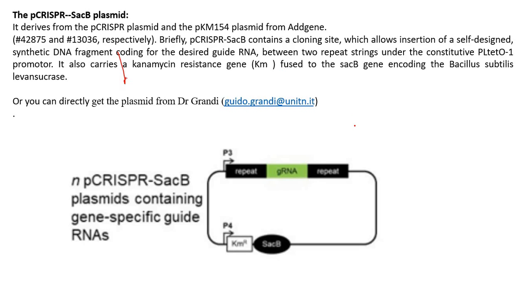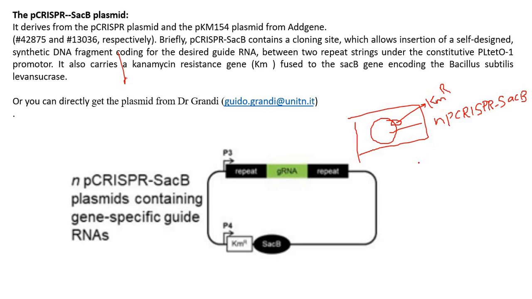Let's say you have bacterial cells, and they have this plasmid, the P-CRISPR SACB plasmid, and because it has the kanamycin resistance gene, which is KNR, if you grow this bacteria, let's say on your agar plate, and you streak your bacteria and add the kanamycin here, then this bacteria is going to grow and you will get multiple colonies.